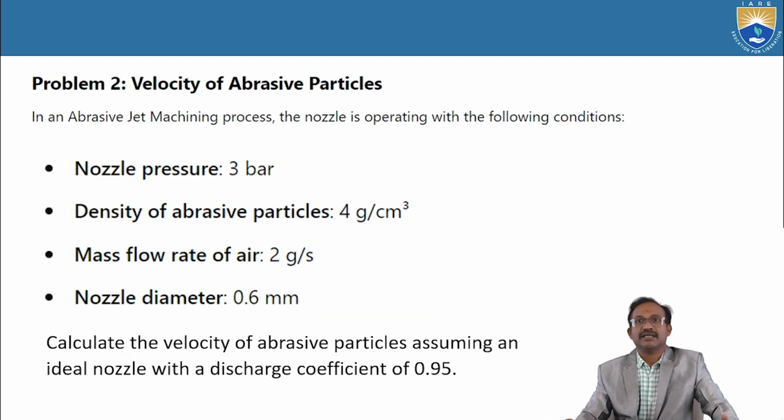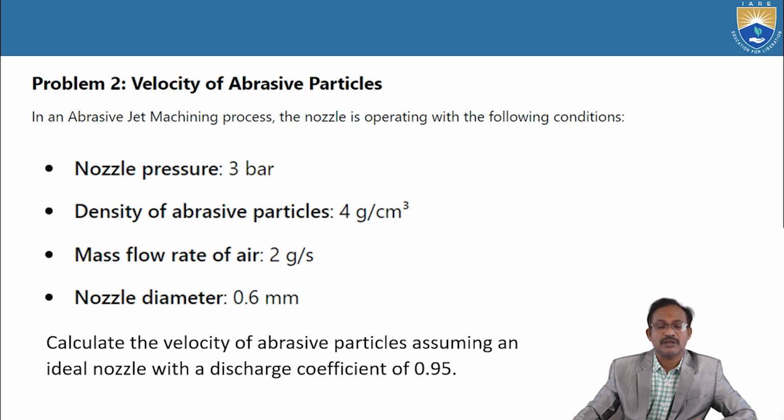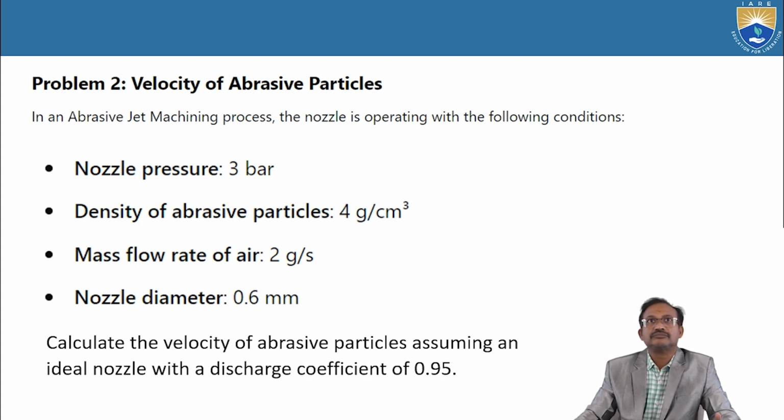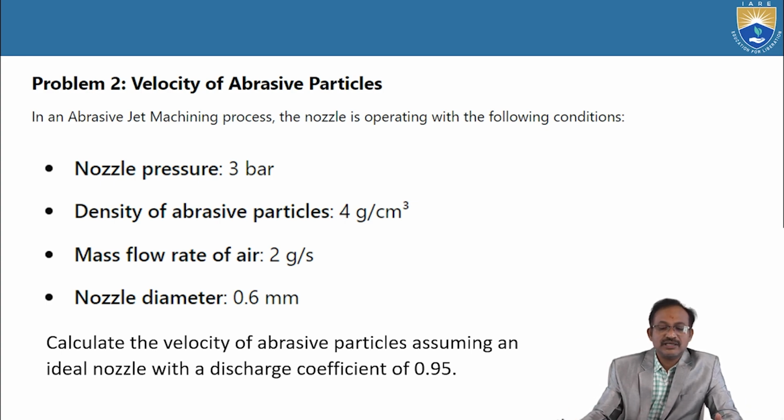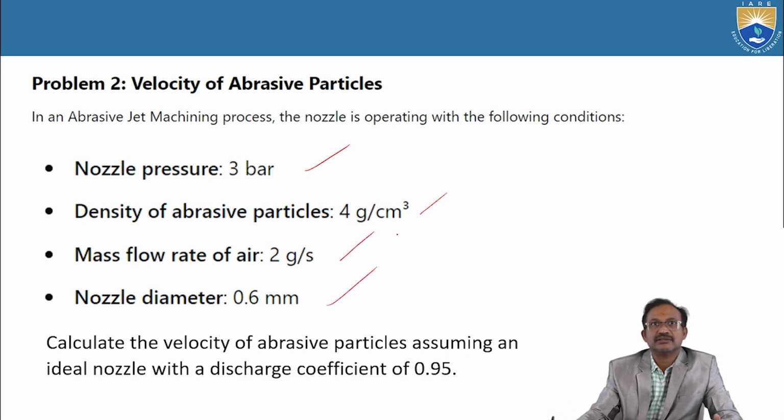Now let us discuss problem number 2: velocity of the abrasive particles. In an abrasive jet machining, the nozzle is operating with the following conditions: nozzle pressure, density of the abrasive particles, mass flow rate, and nozzle diameter.